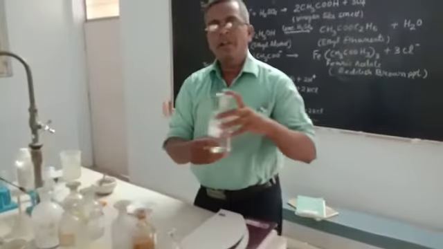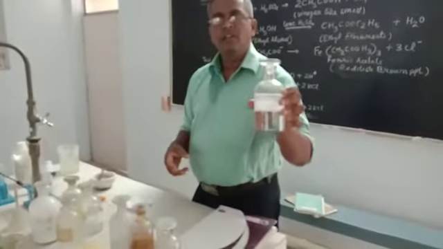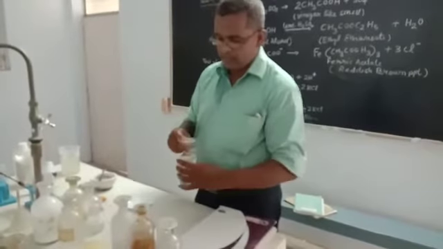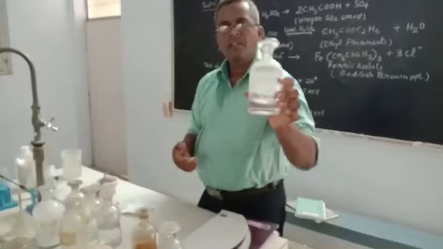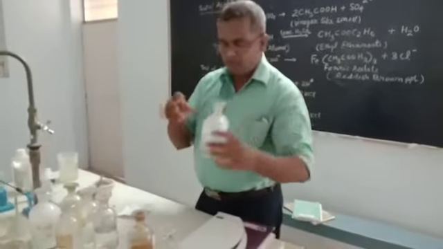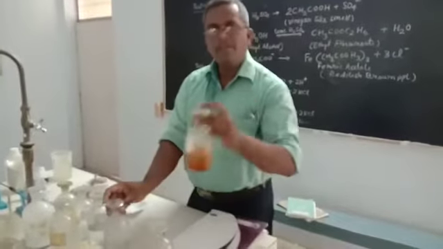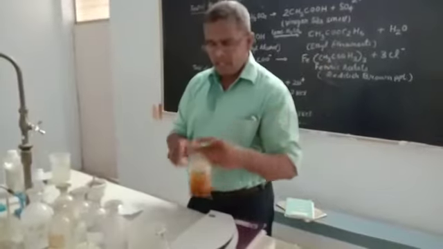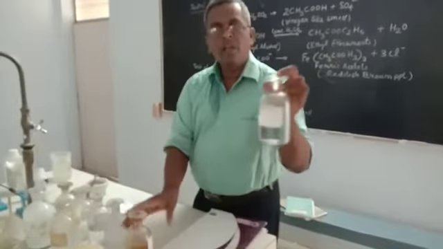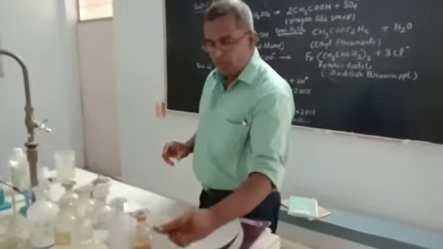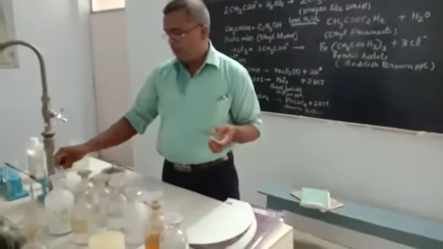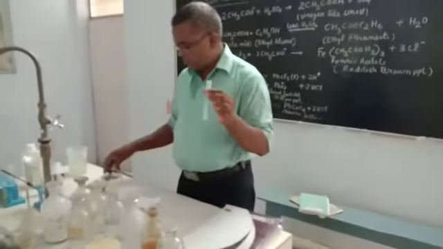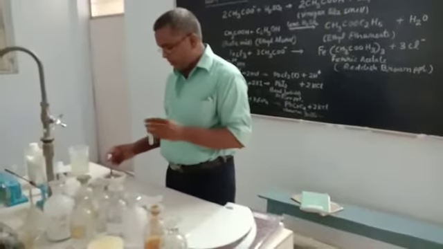This is dilute HCl, it means hydrochloric acid. NaOH, sodium hydroxide, it is in dilute form. FeCl3 and dilute H2SO4.